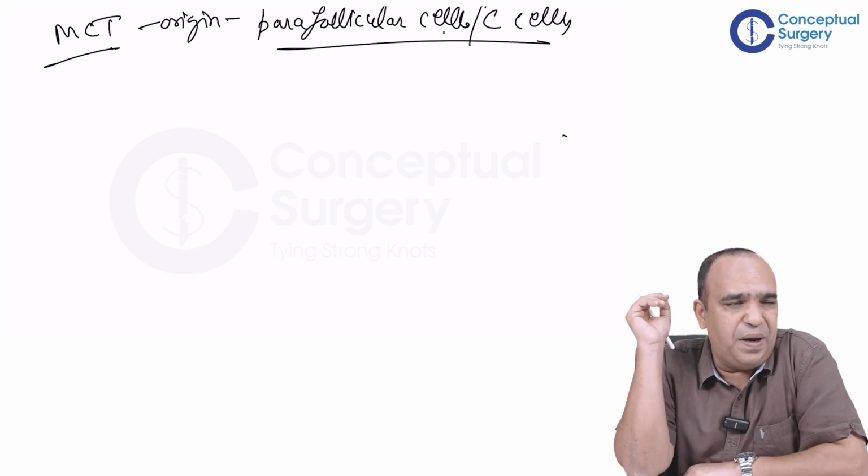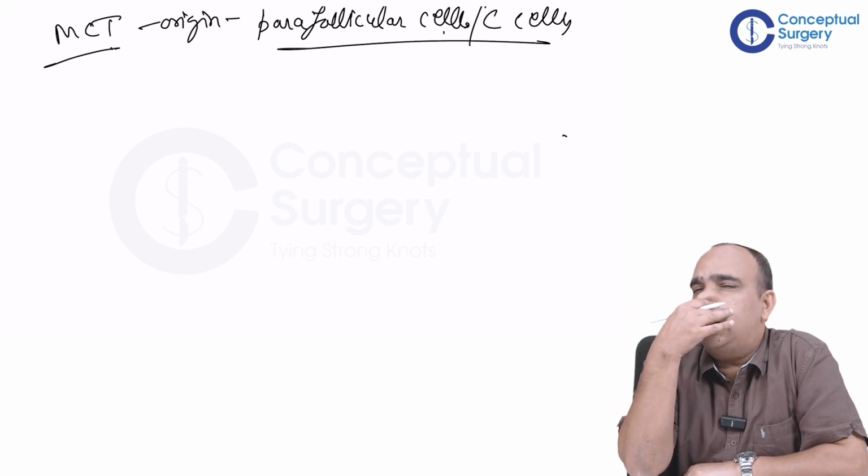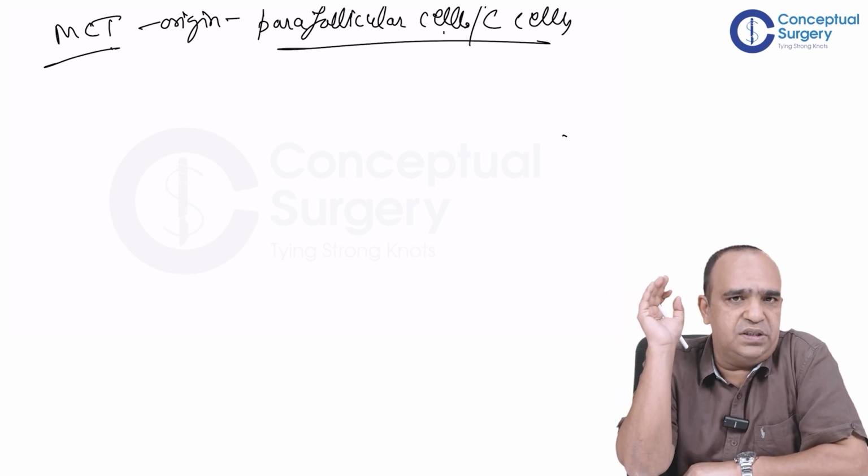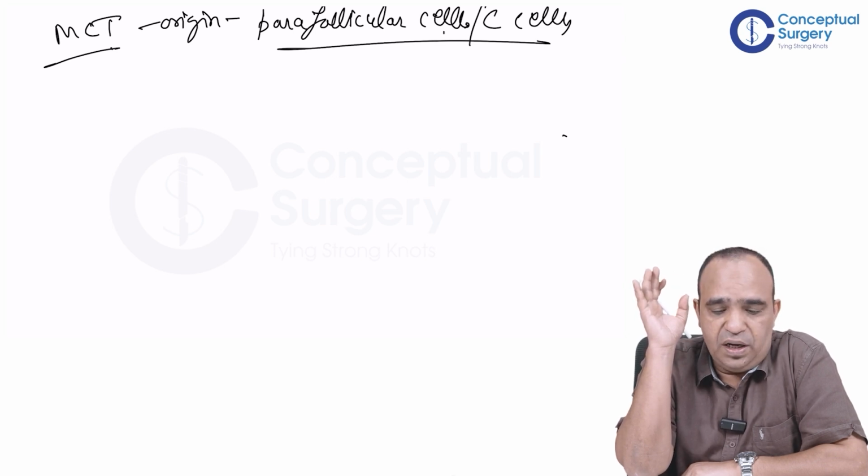Okay, so the papillary and follicular cancers are the tumors of follicular origin. They originate from the follicles. Now, between the follicles, the C cells, that's the origin for medullary carcinoma thyroid.